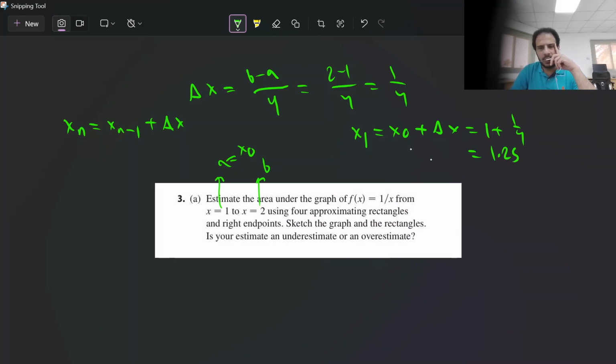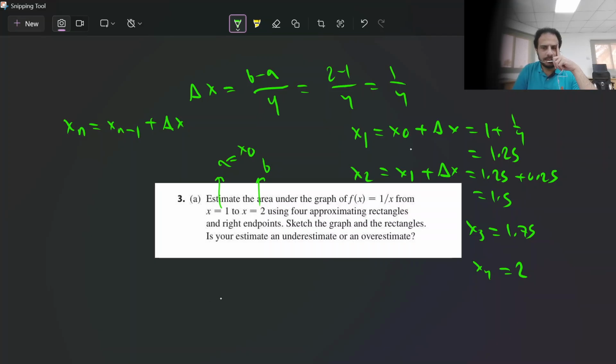Then, how to find x2? x2 equals x1 plus delta x. So you have 1.25 plus 0.25 equals 1.5. Then x3, same idea, 1.75. x4, 2, right?